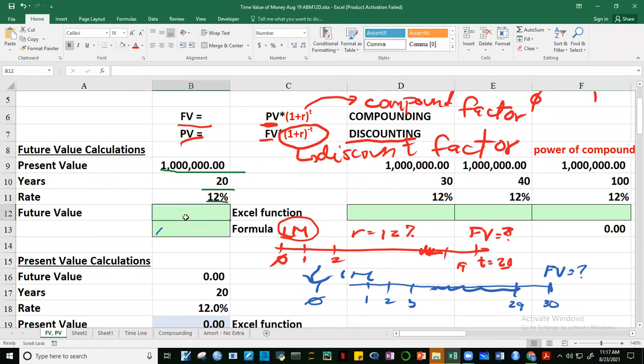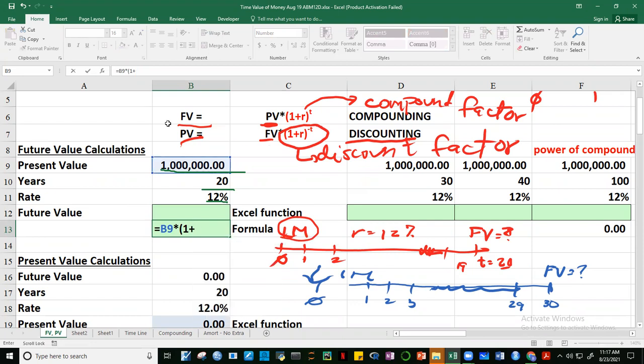So let's use the formula. In order to compute for the future value, we have to multiply the present value with this compound factor. So we're given the present value at 1 million, and we multiply it by the compound factor 1 plus r.